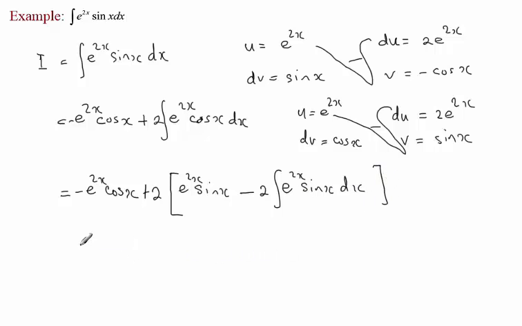Remove the brackets: minus e to the 2x cosine x plus 2e to the 2x sine x minus 4 integral of e to the 2x sine x.